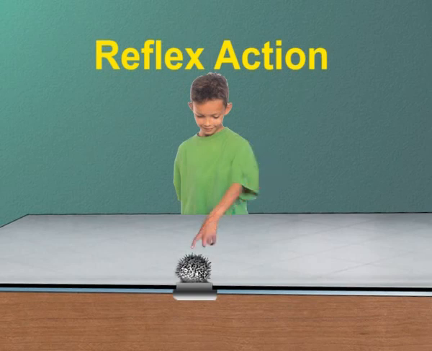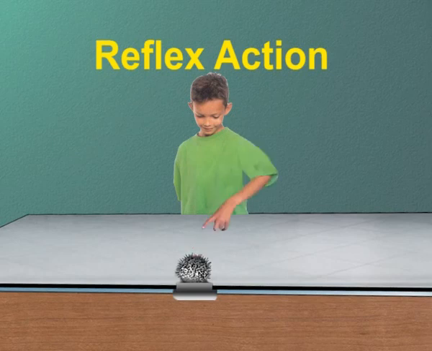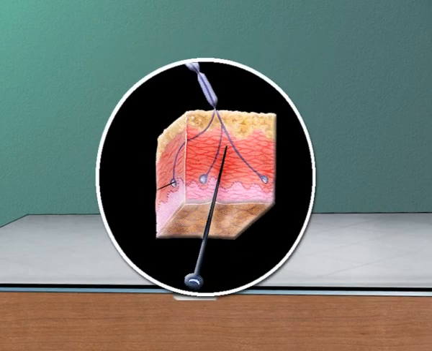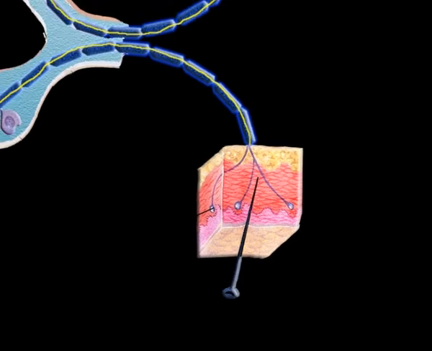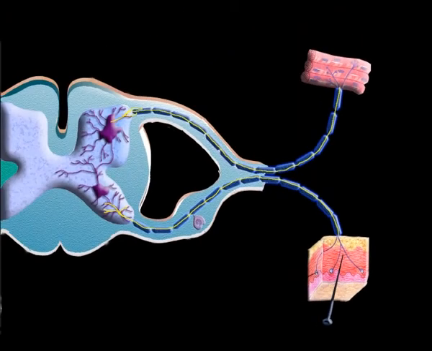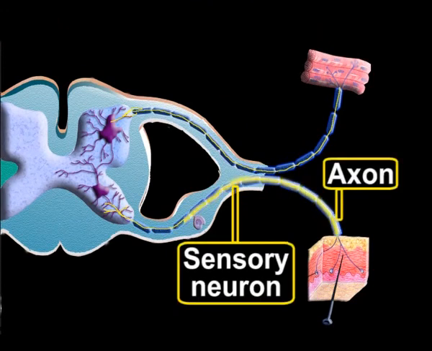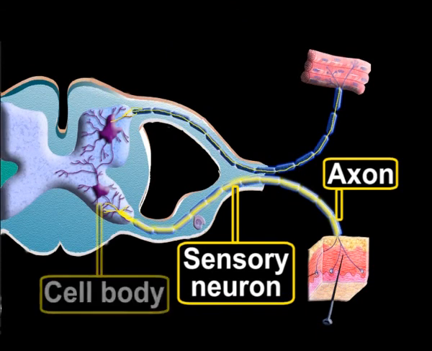Actually, when we touch this sharp object, a sensory receptor in the skin generates nerve impulses which move along the axon of a sensory neuron towards the cell body and the central nervous system.